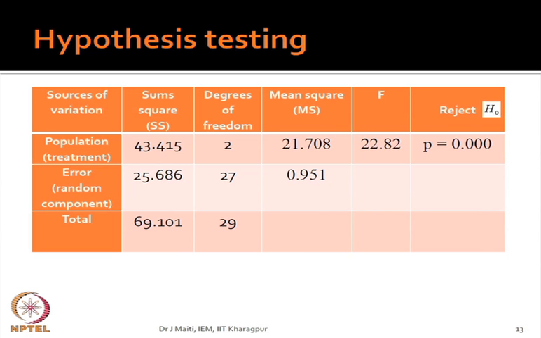Any two population means, is there a difference between any two? When you do this F test, what is your null hypothesis? No differences in population means, correct. What is the alternative hypothesis? At least one pair is different.